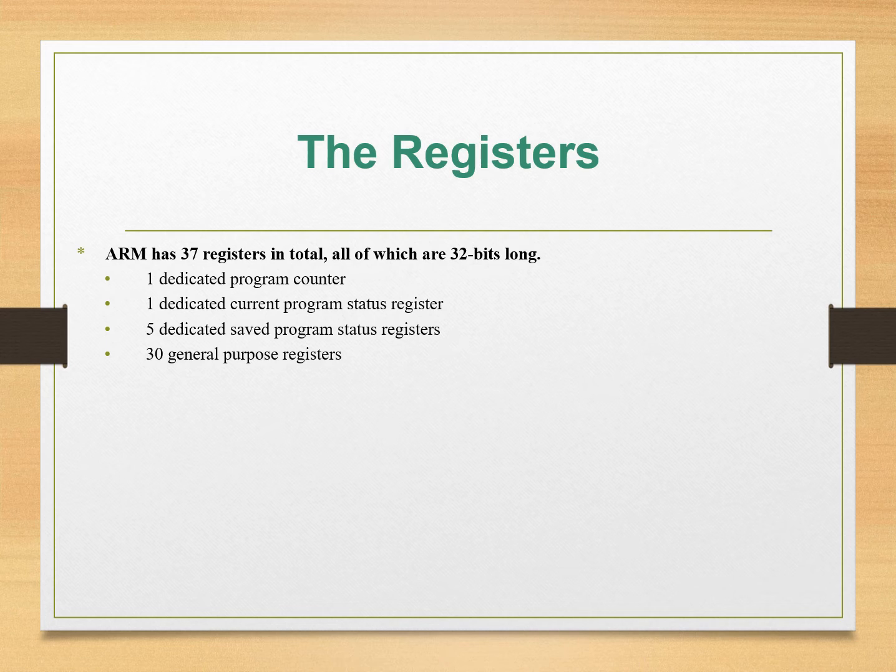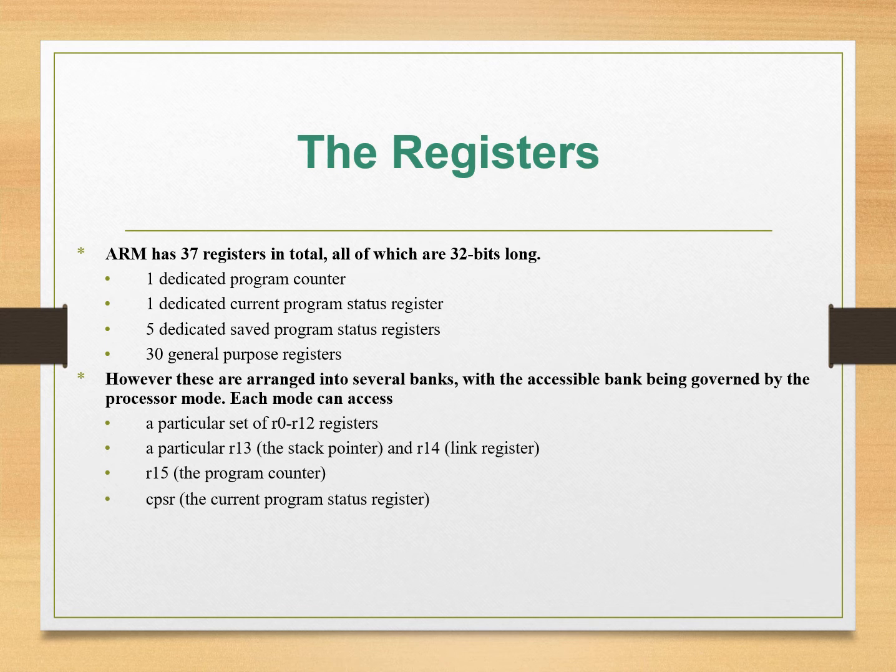And these are the registers which we can handle, we can control, we can program. However, these are arranged into several banks with the accessible bank governed by the processor mode. It depends on what kind of mode is currently being executed by the processor.